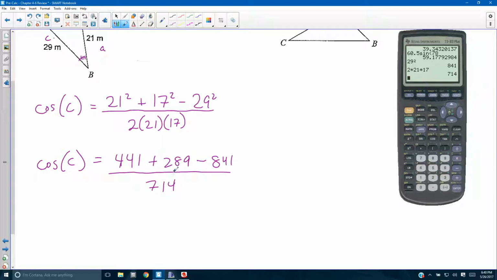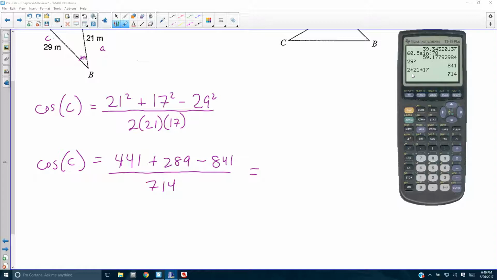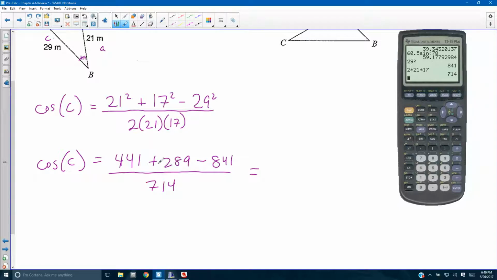No, it is not me showing off. It is personally stretching your boundaries, like this one right here. 441 plus 289, that'll be 730. 730 minus 841 is negative 114, or excuse me, negative 111.